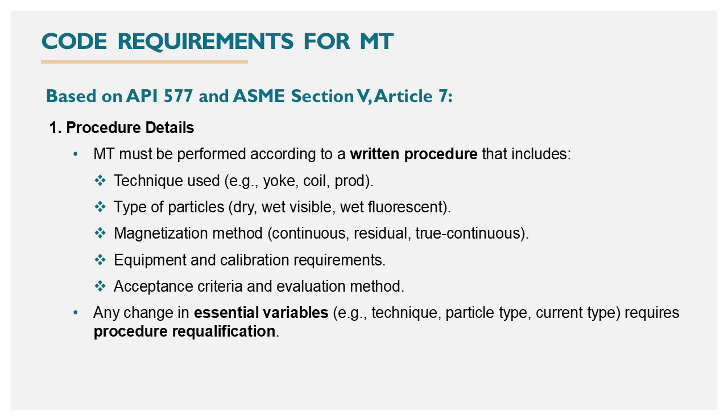MT must be performed according to a written procedure that includes: technique used, such as yoke, coil, prod; the type of particles, dry, wet visible, wet fluorescent; the magnetization method, continuous, residual, true continuous; the equipment and calibration requirements; the acceptance criteria and evaluation method; and any change in essential variables, for example technique, particle type, current type, requires procedure requalification.